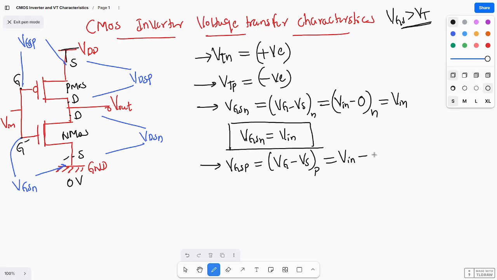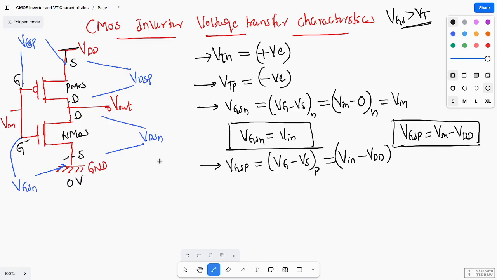I can consider Vs as VDD. So VGSP equals Vin minus VDD.